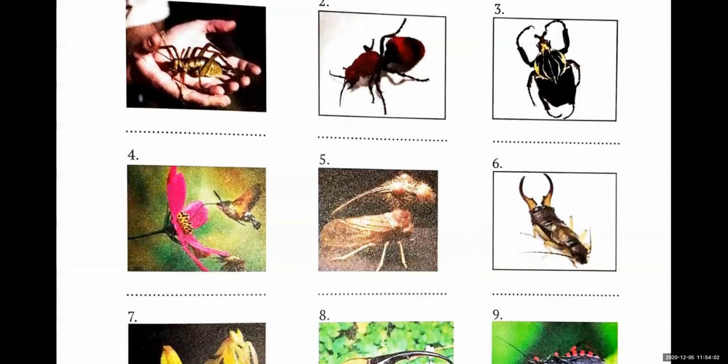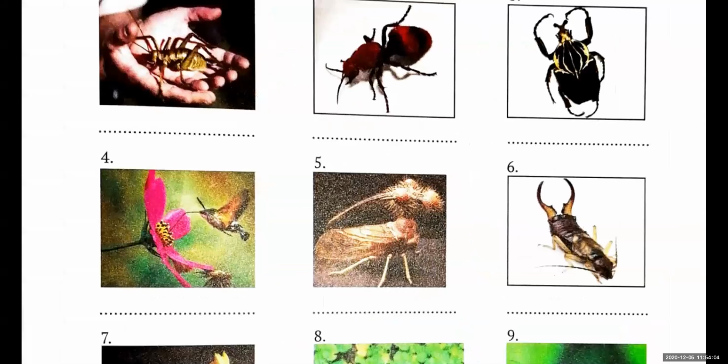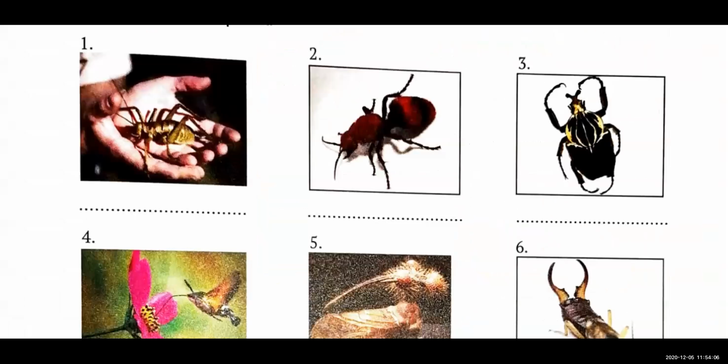Mama wears velvet saris, right? So the same texture you can feel on this ant. So the name of the second strange insect is velvet ant. Please mark it down, beta. This is your velvet ant.